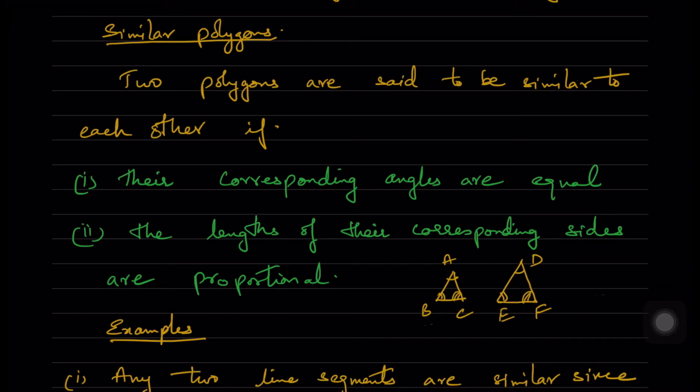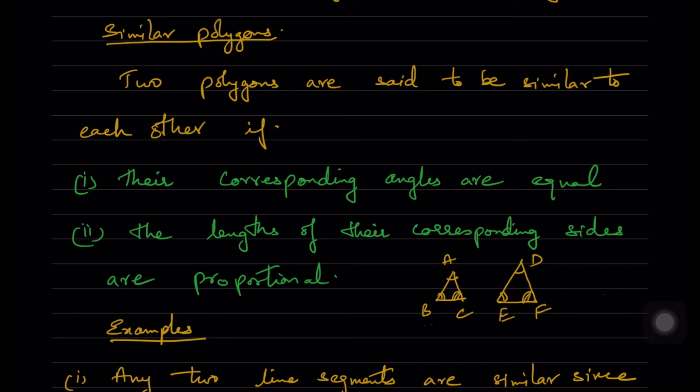Only when the corresponding angles of these two triangles are equal can we say so. If suppose angle A is equal to angle E, then they are not corresponding angles, because the corresponding angle should be equal to the angle of the other triangle. Then we say those two triangles are similar.